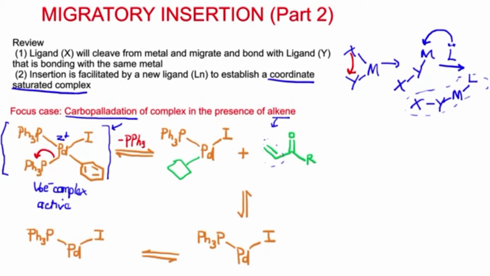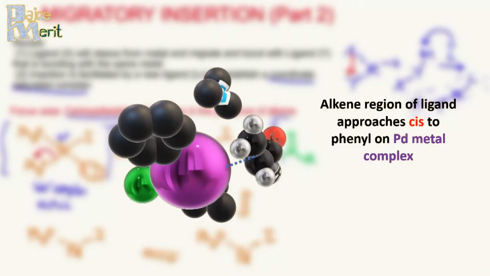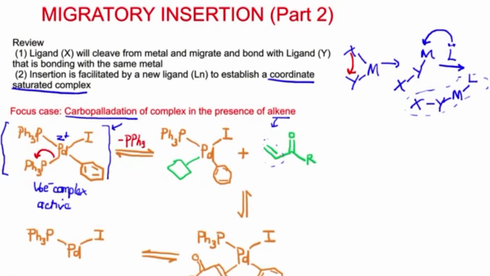We usually indicate that with this box, and we have the phenyl group still present here. Next, the alkene portion of the compound coordinates with this metal site, where the R phenyl group is positioned cis to this new ligand.